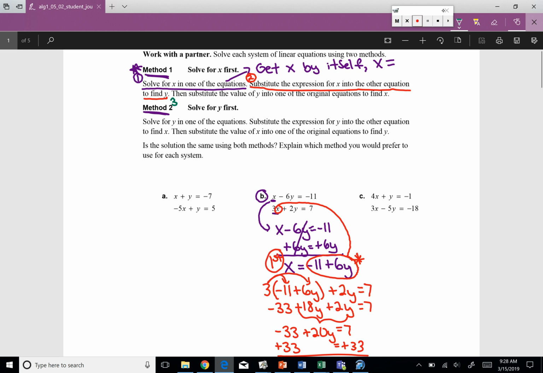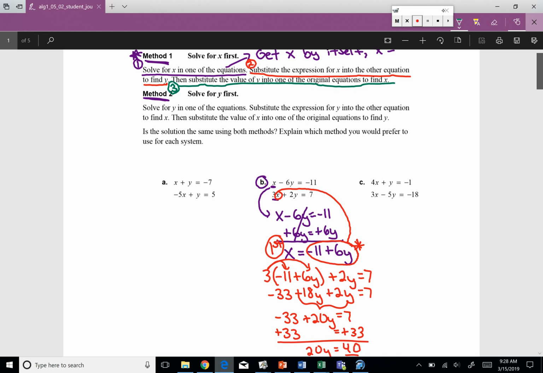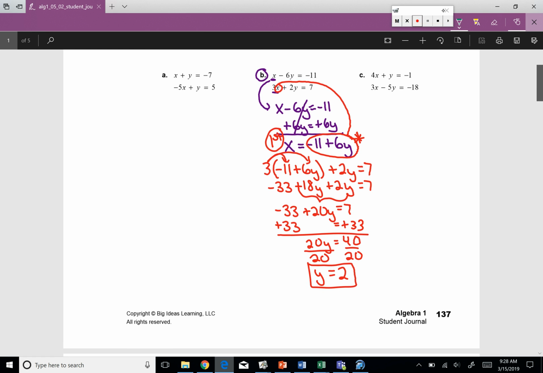Step number 3, then substitute the value of y into one of the original equations to find x. So I'm going to take that first equation, x minus 6y equals negative 11, and I'm going to substitute what y equals in for y.